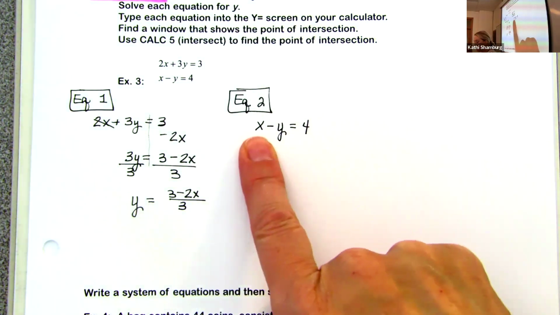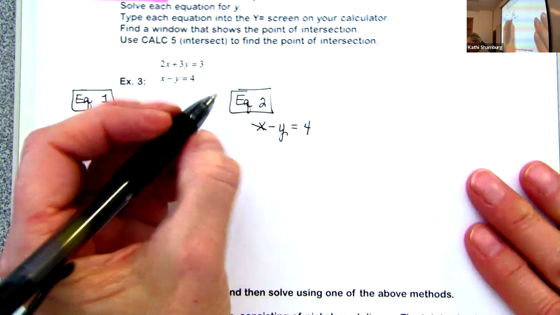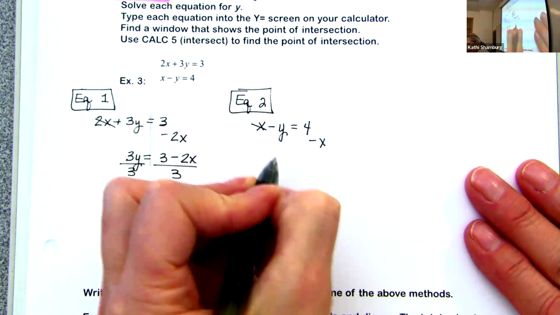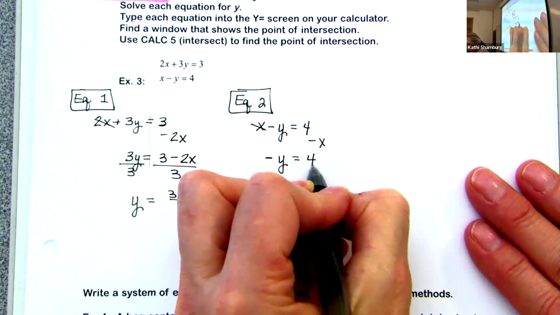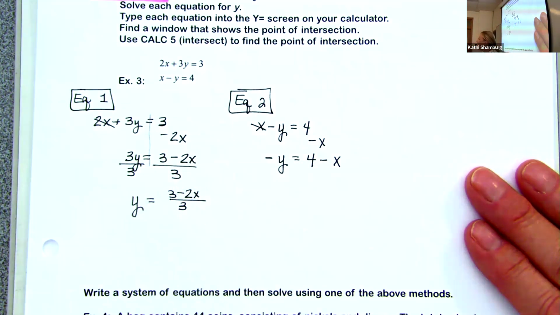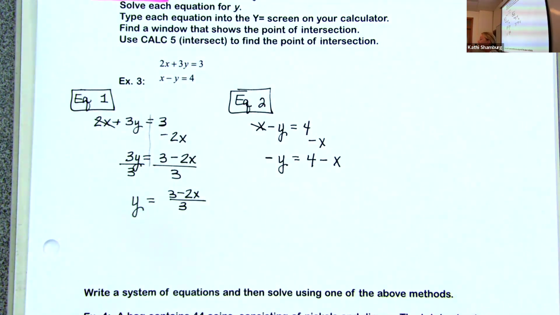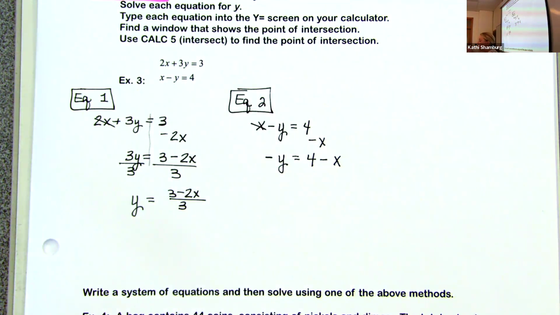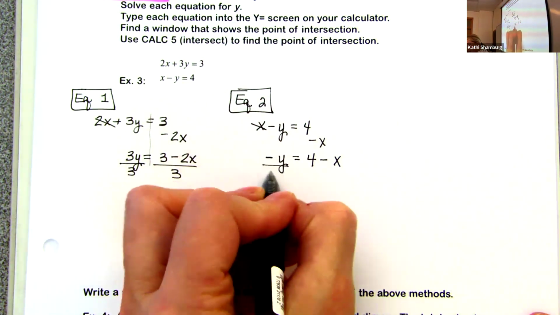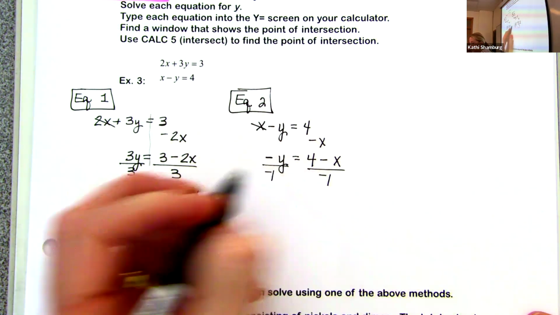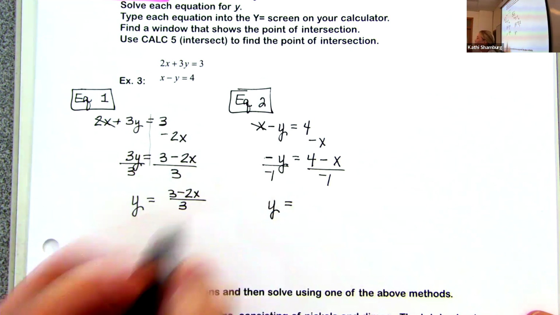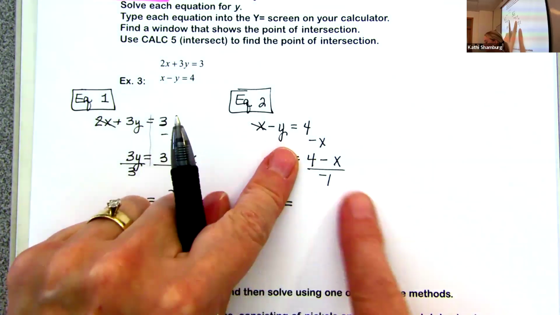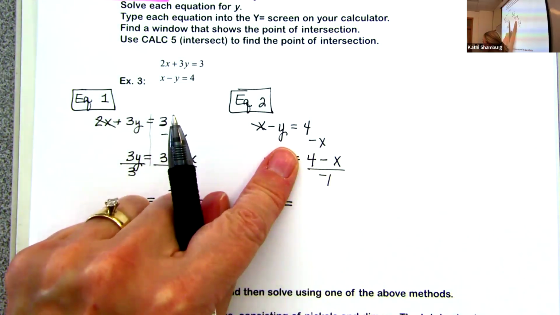So I need to move this x by subtracting it, and I get negative y equals 4 minus x. Now, I'm not done. I have the y by itself, but I don't want that negative in front. So we're going to divide both sides by -1. Negative divided by negative is positive. So now I get y equals. Now, if you put that into your calculator, it would accept it.